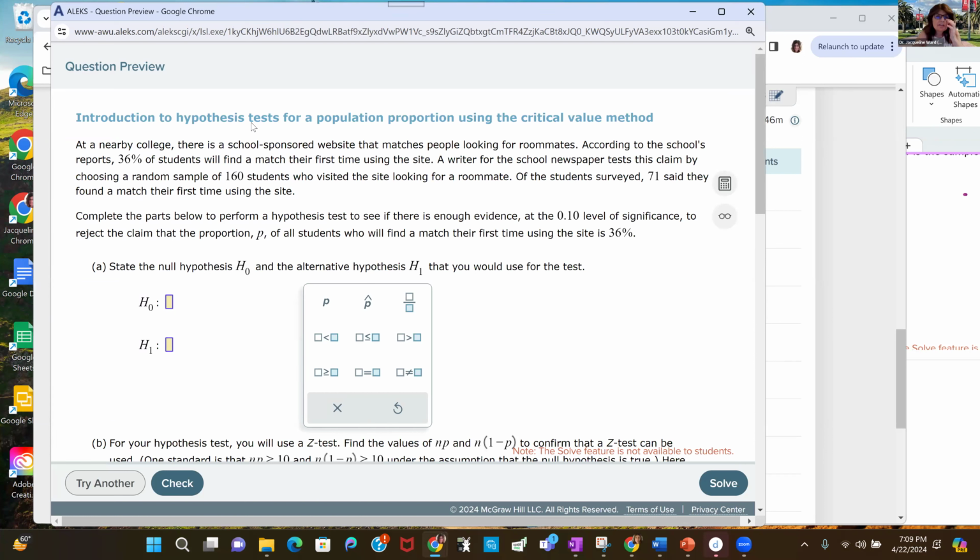Okay, on a nearby college, there's a school-sponsored website that matches people looking for roommates. According to the school's reports, 36% will find a match their first time using the site. A writer for the school newspaper tests this claim by taking a sample.